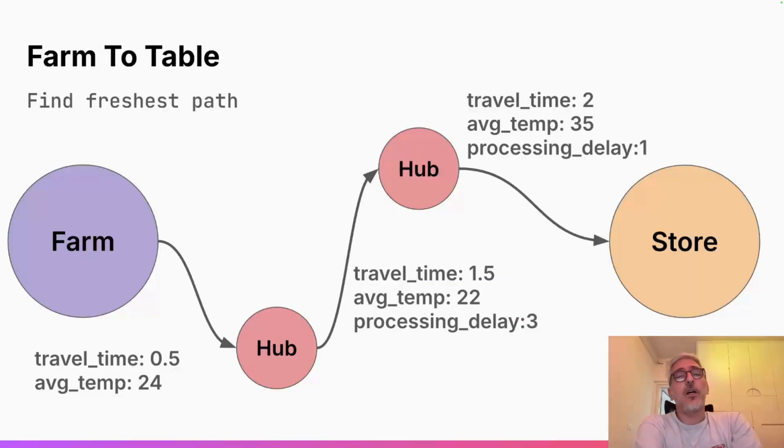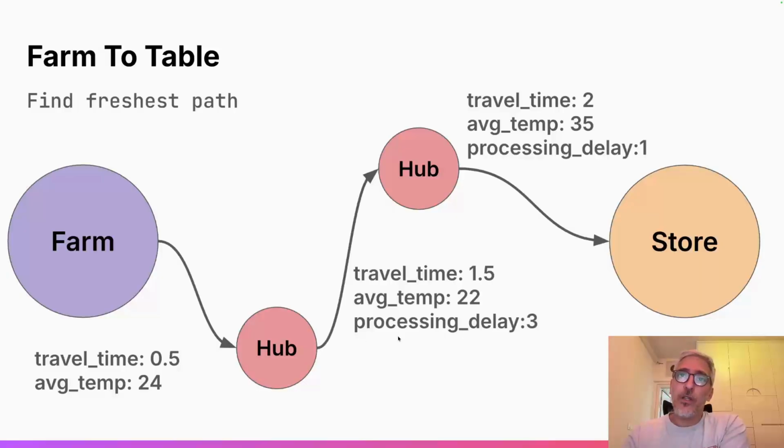Here's just a bit more information about the metadata which we will be working with. An edge has a travel time, so how much time would it take a truck, for example, to move from a farm to a hub. In addition, what is the average temperature that is measured along that path, or along that edge.